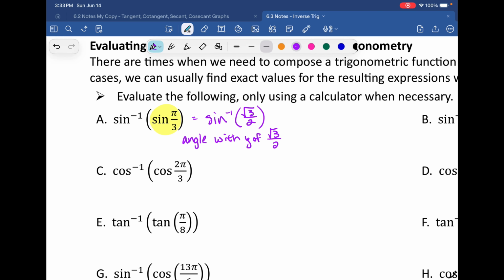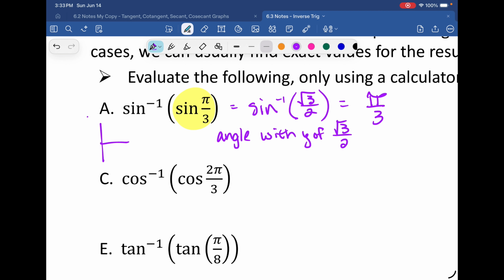Okay, that's going to put us back where we started. And it works that way because the angle that was given is inside the domain for inverse. Just remember the range for inverse, pi/2 to negative pi/2. And pi/3 falls here. So it's inside that.